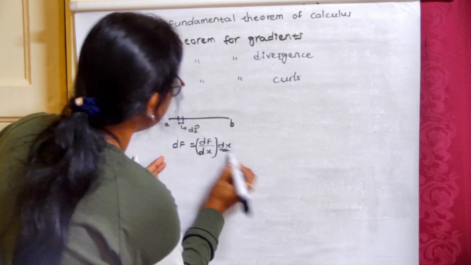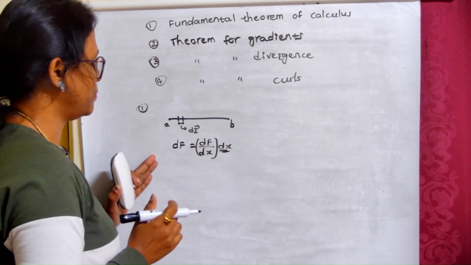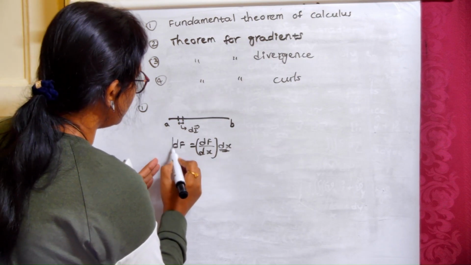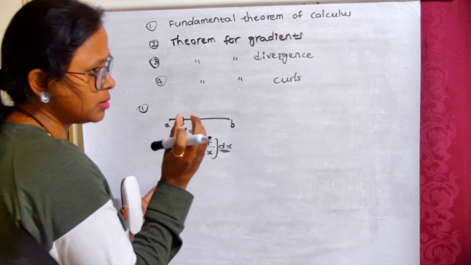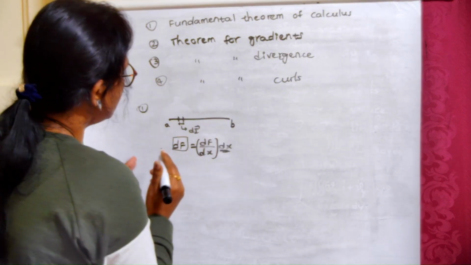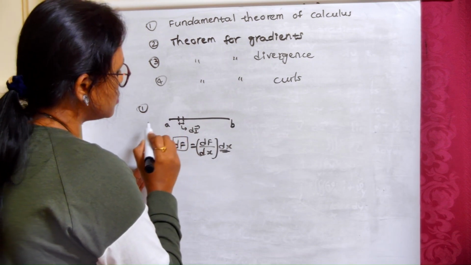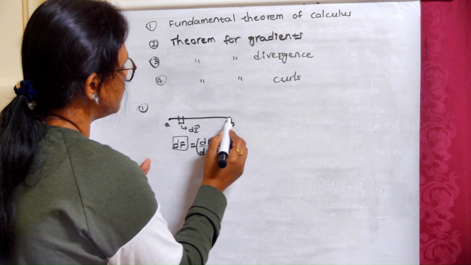Here dx is the infinitesimally small displacement. So if we have this value, the derivative of a function through a small infinitesimal distance, then we can integrate it to know the total value of the function from point A to point B.